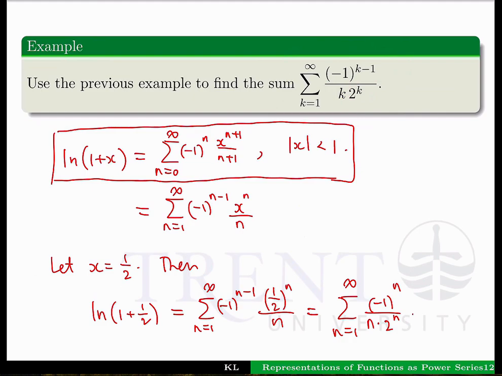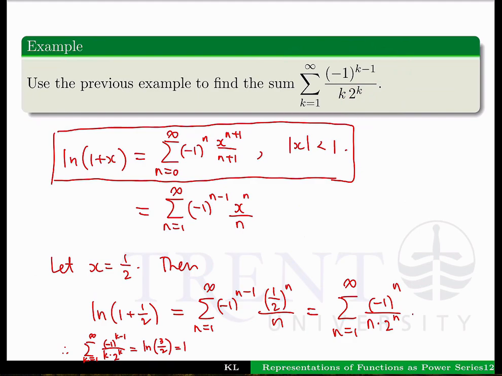So what does this mean? Well, therefore, the sum k from 1 up to plus infinity of -1 to the k minus 1 over k times 2 to the k, the exact value of that is ln of 1 plus 1/2, which is ln of 3/2.